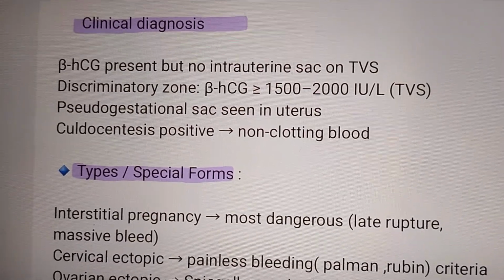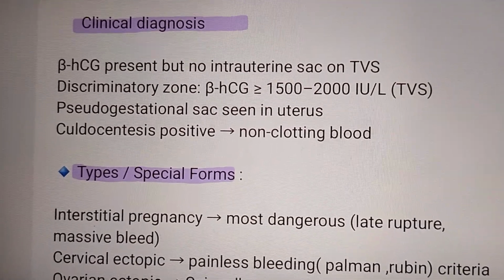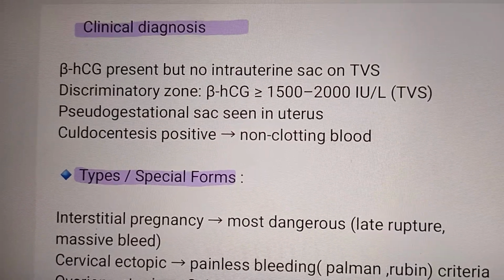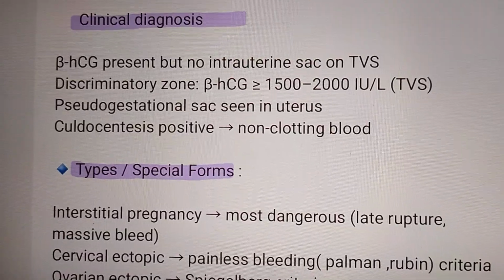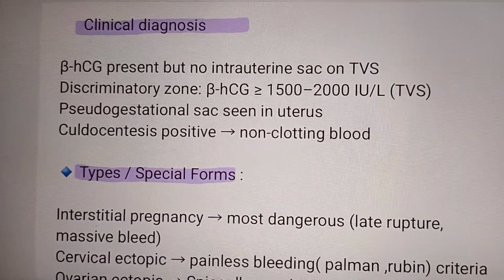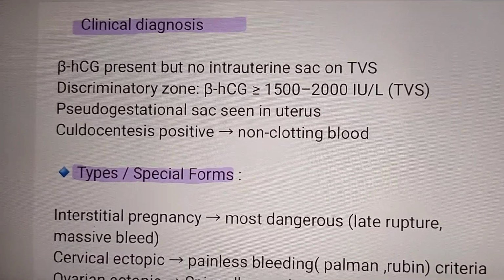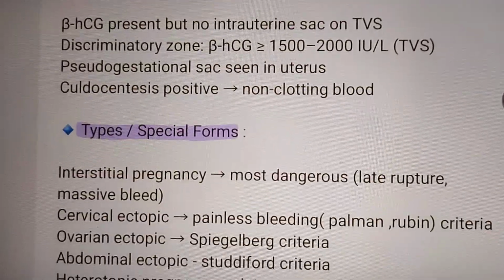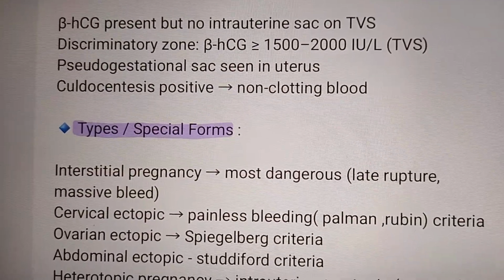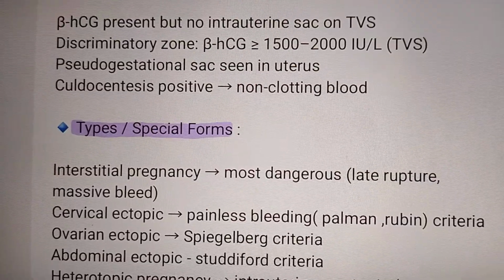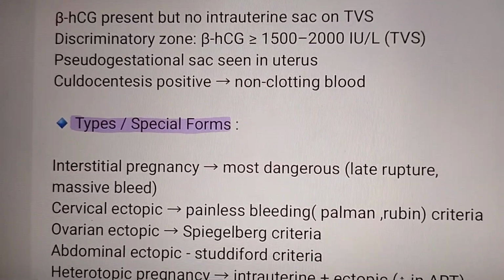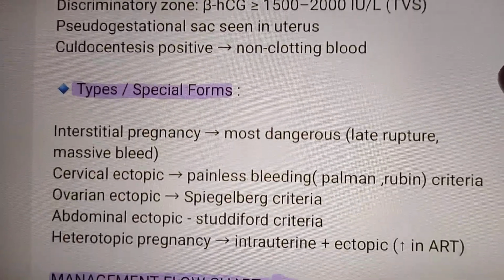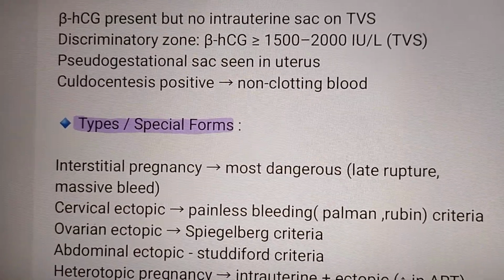Then comes diagnosis. The diagnosis is done on a clinical basis, like complaints of symptoms and signs, but we also check beta HCG, and on ultrasound there is no intrauterine sac. Then if beta HCG is more than 1500 to 2000 international unit per liter.